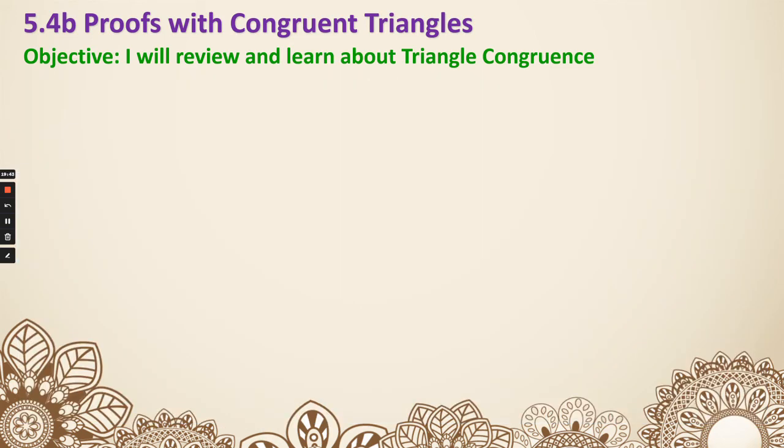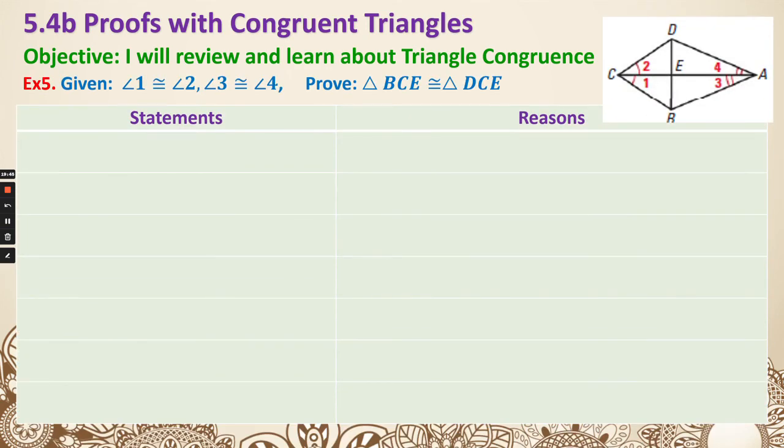Now we have one more, last example. Angle 1 is congruent with angle 2, angle 3 is congruent with angle 4, BCE is congruent with DCE. You can see that is actually using a smaller triangle. And from what we see, there's just this line right there.